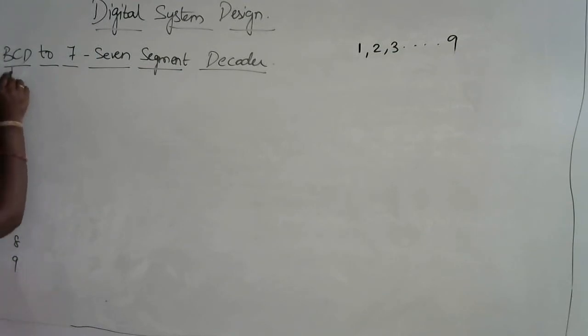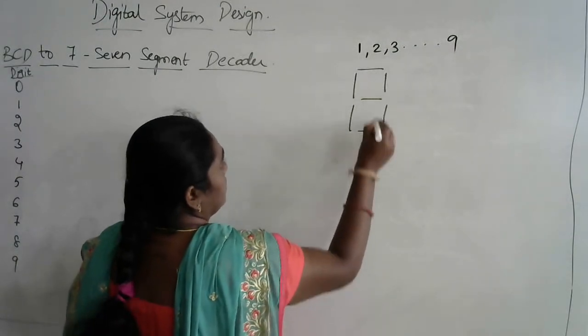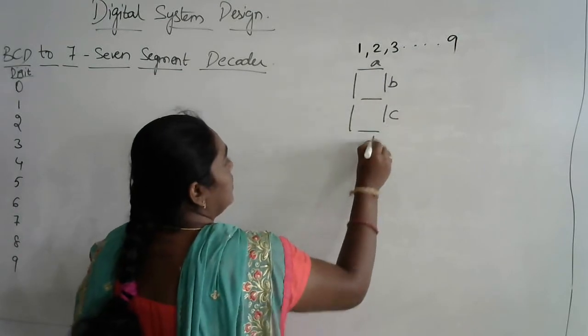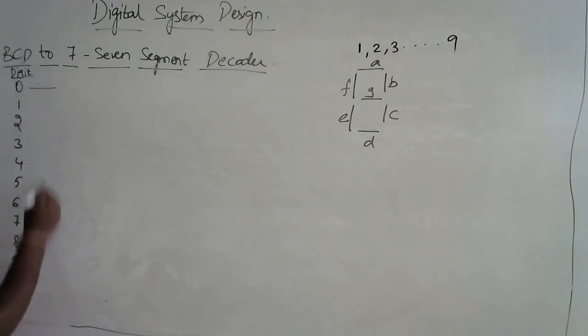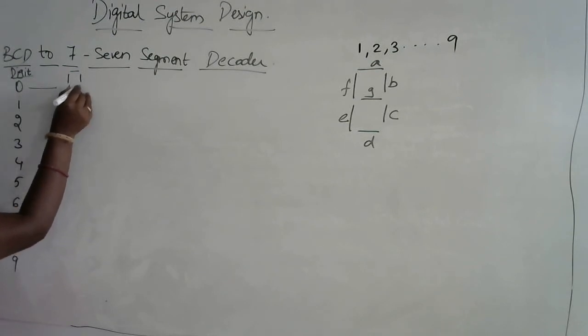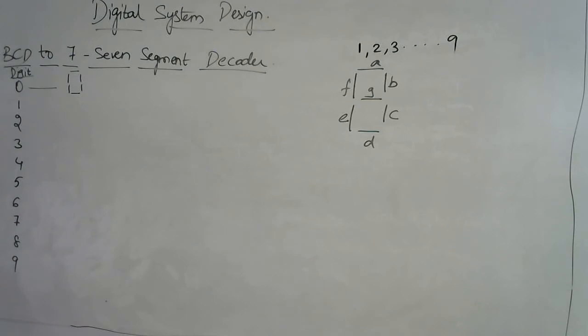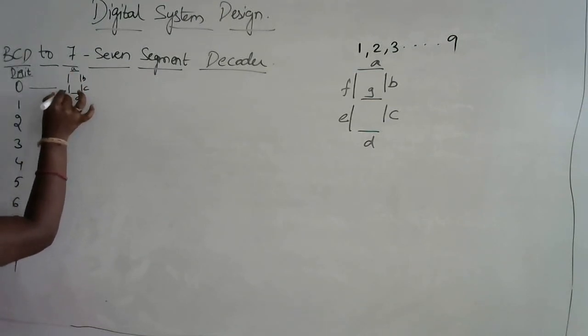For the digit 0, the general notation for this display is the way to represent the 7 segment display: A, B, C, D, E, F and G. If I want to write the decimal digit 0, this is the way you see 0 on the calculator.